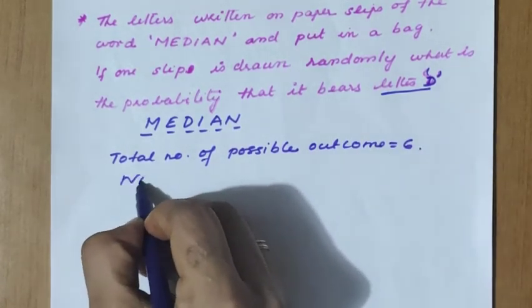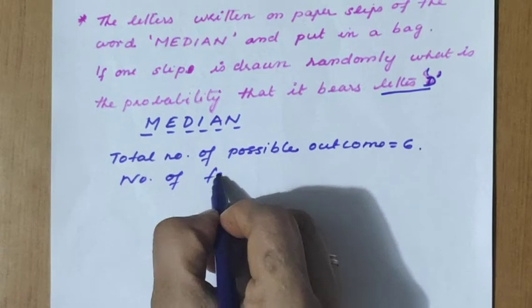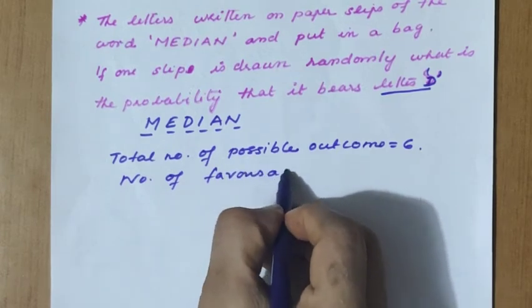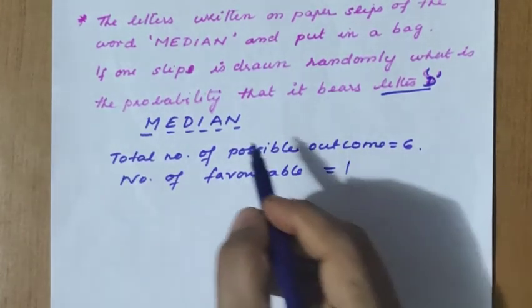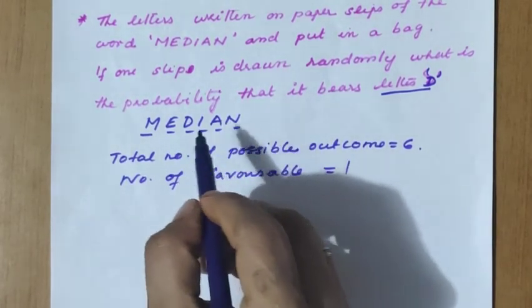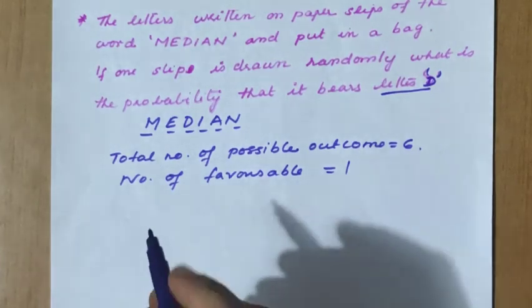Now the number of favorable outcomes. We want D only. How many D's are there? It is 1. So we should think in that way. D is 1 only.